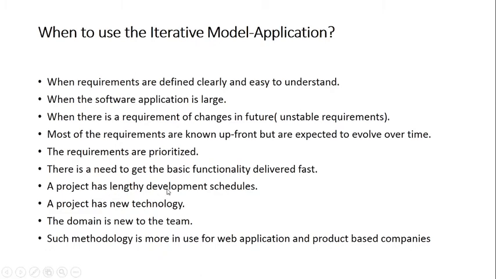A project has lengthy development schedules. Why lengthy? Let's take an example. If you're supposed to develop 10 modules and altogether it will take 1 year, that is using a waterfall approach. But if the same 10 modules are developed using an iterative approach, since you're repeating the steps, time required is more.